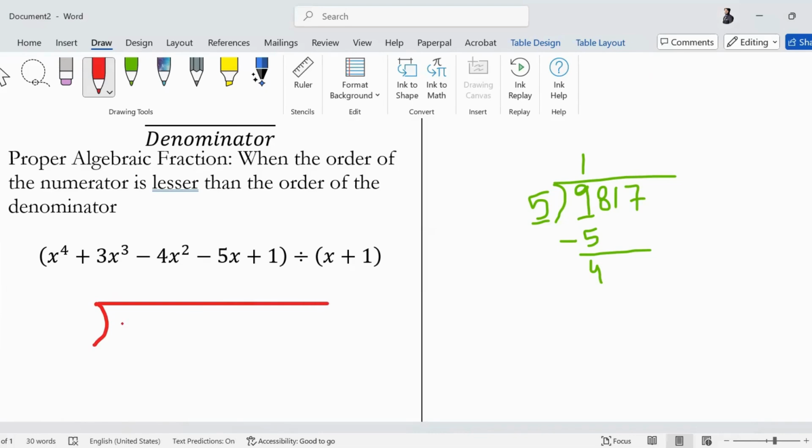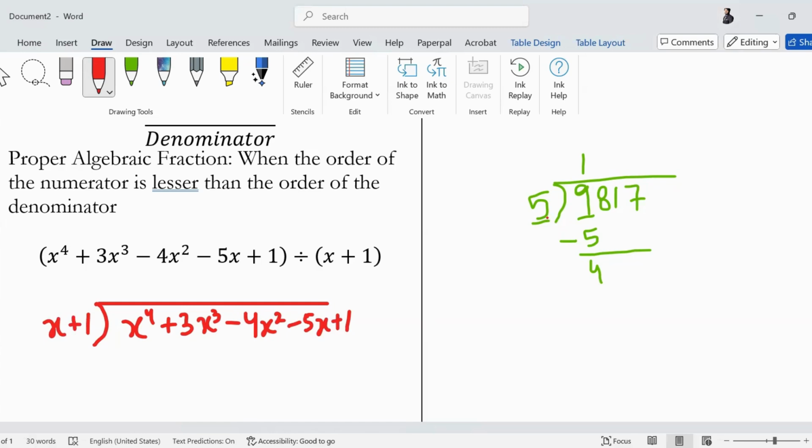So I will write here x to the power 4 plus 3x cube minus 4x squared minus 5x plus 1. And remember, this has to be divided by x plus 1.